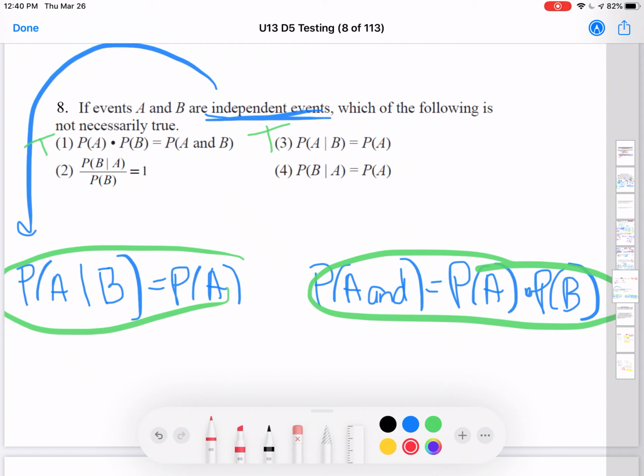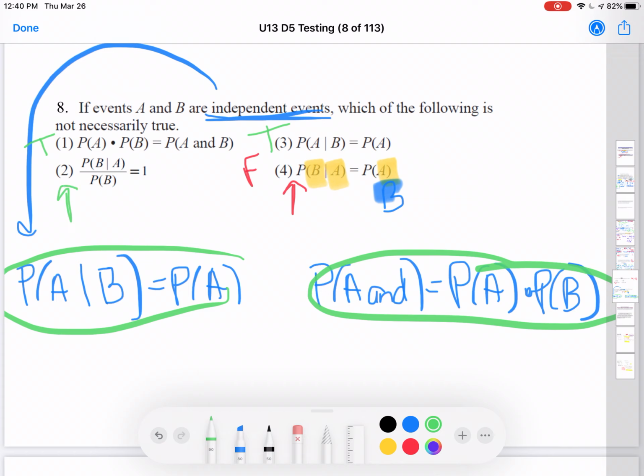Do you guys see it right here that this one is totally not true? How can that be true? It's B given A. We can't go in that order. It has to be every other. This one could only be true if it was B given B. Oopsie. If it was B given B. That's the only way that could be true. So how the heck is this one true? Over here, number 2.